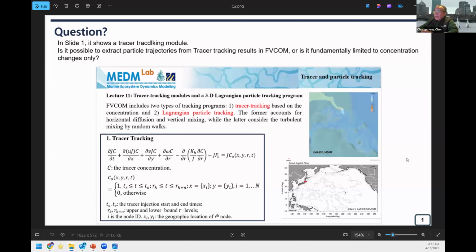I don't understand the question. If you put a concentration into the model, it will be advected by currents and diffused by mixing. It will dilute. So I don't understand what concentration change only means, because concentration needs to change unless you don't have mixing.